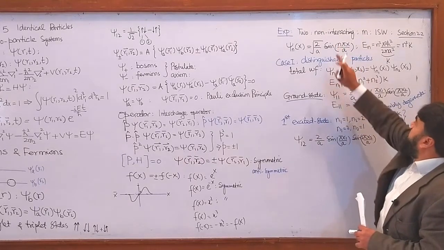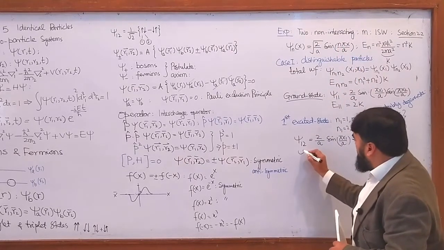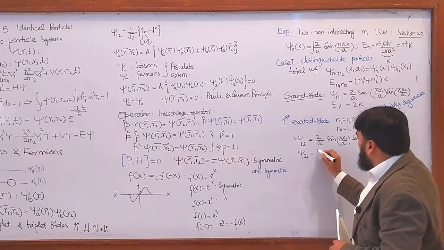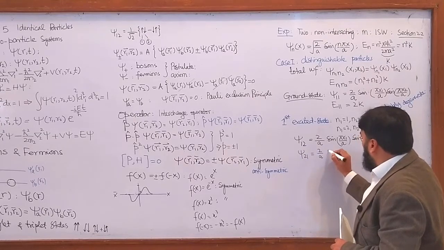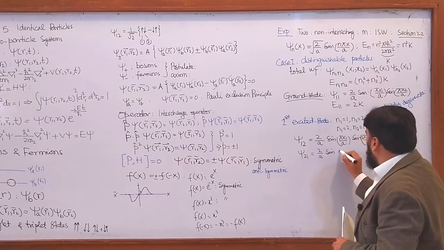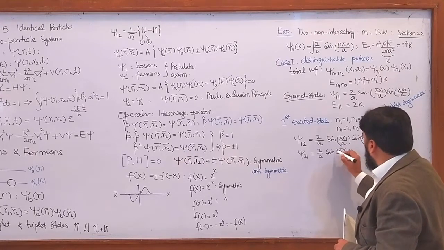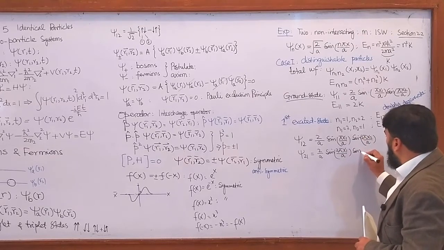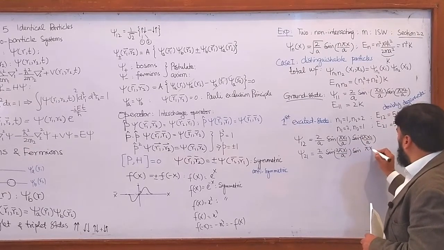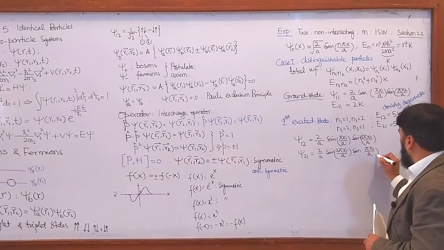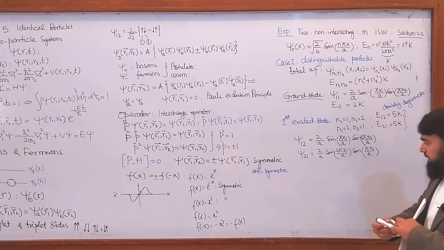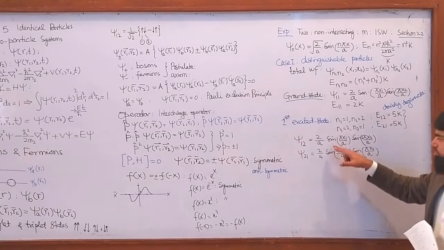And n2 is 2 here. While psi 2,1 is equal to 2 over a, sine 2 pi x1 over a, and sine pi x2 over a.